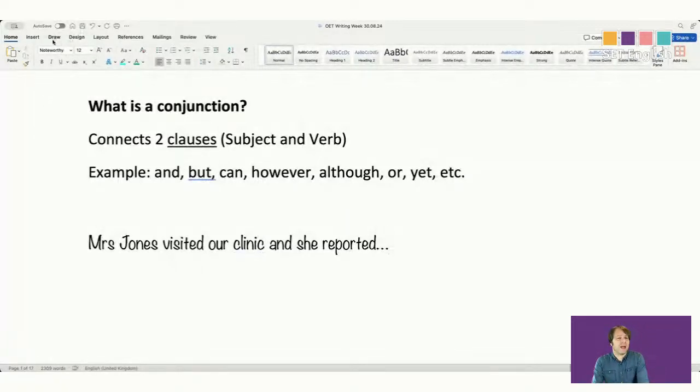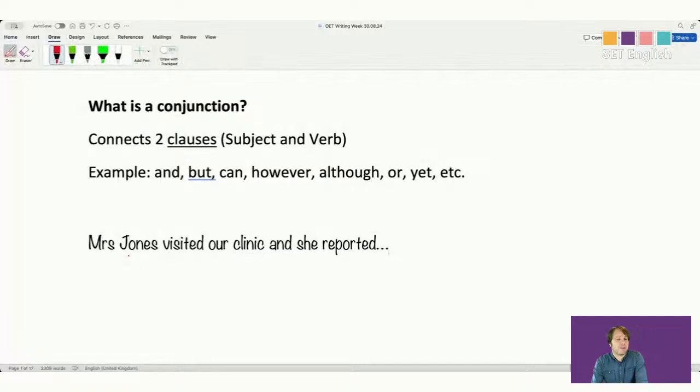So here, guys, we have Mrs. Jones, subject, verb, visited. Then we have the conjunction. Then we have another subject. And just to keep this simple, a clause is a subject and a verb. Yes, sometimes we can delete this. Yes, I agree. But usually subject, verb, subject, verb.